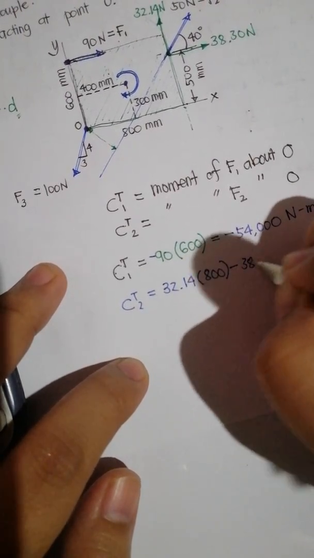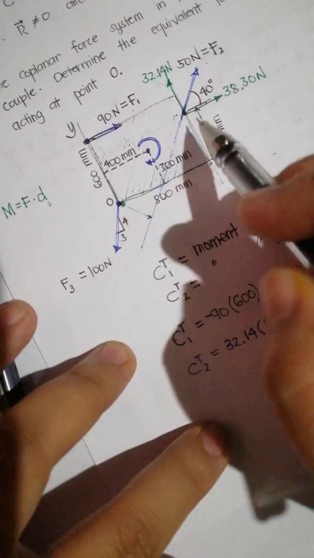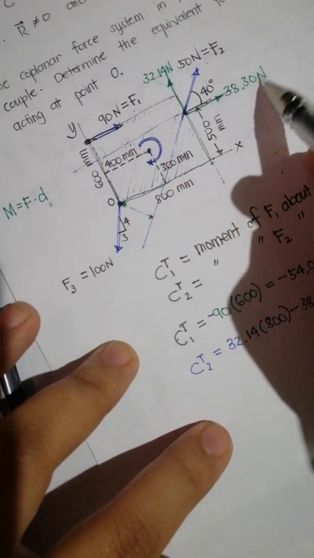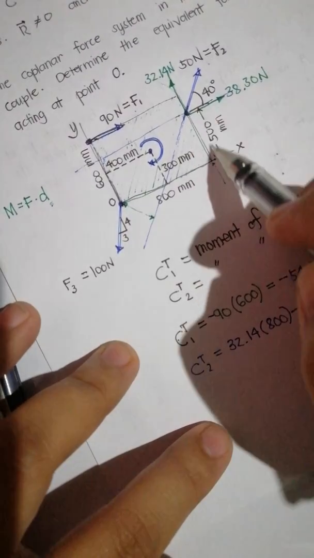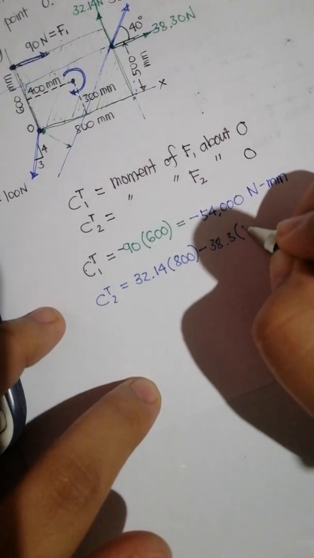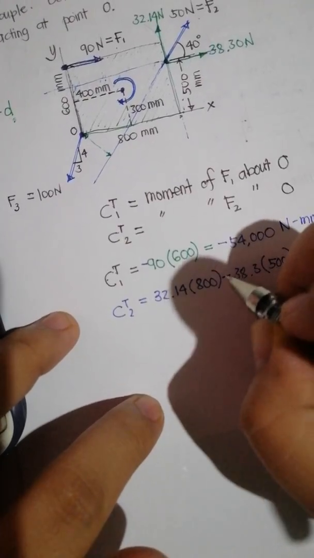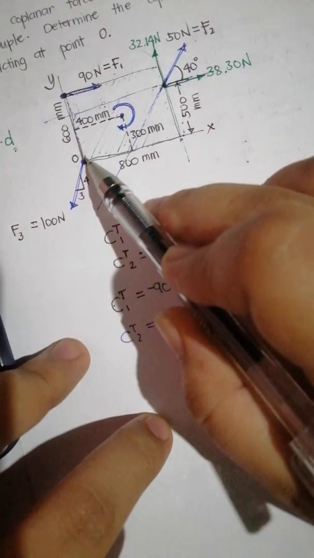So 38.3, then the distance is 500. So this is the line of action of the 38.3 Newton. This is the perpendicular distance about point O, and that is 500 mm. So, times 500. Siya naman ay negative because its rotation to point O is clockwise.